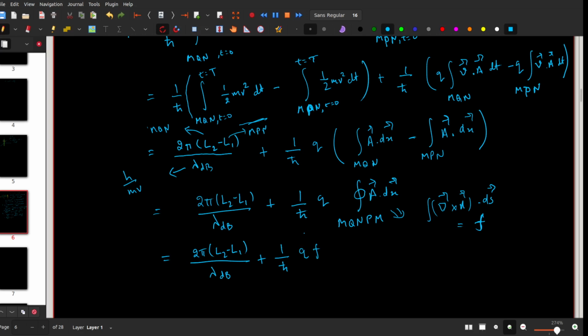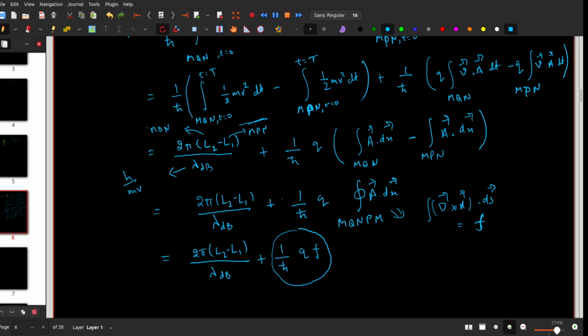The contribution from the magnetic potential is given by q times the flux through the solenoid divided by h bar. This is the contribution to the phase difference between the two paths coming from this non-zero magnetic potential term.